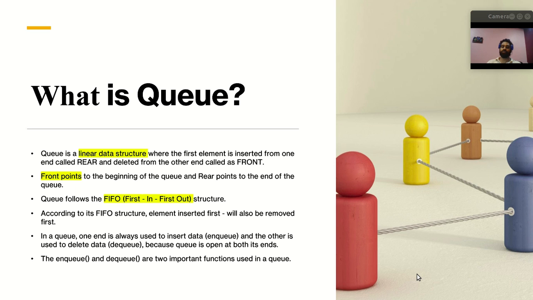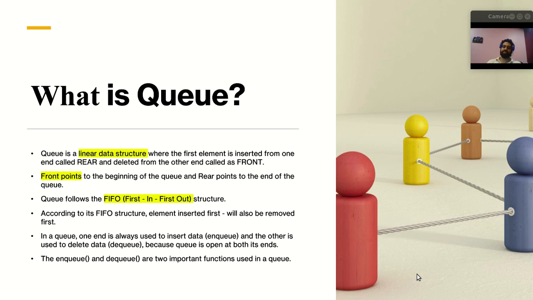In a queue, one end is always used to insert the data, and that process is known as enqueue. Enqueue is the term used when we insert an element from one end, and dequeue is the process by which we delete or take out data from the other end.